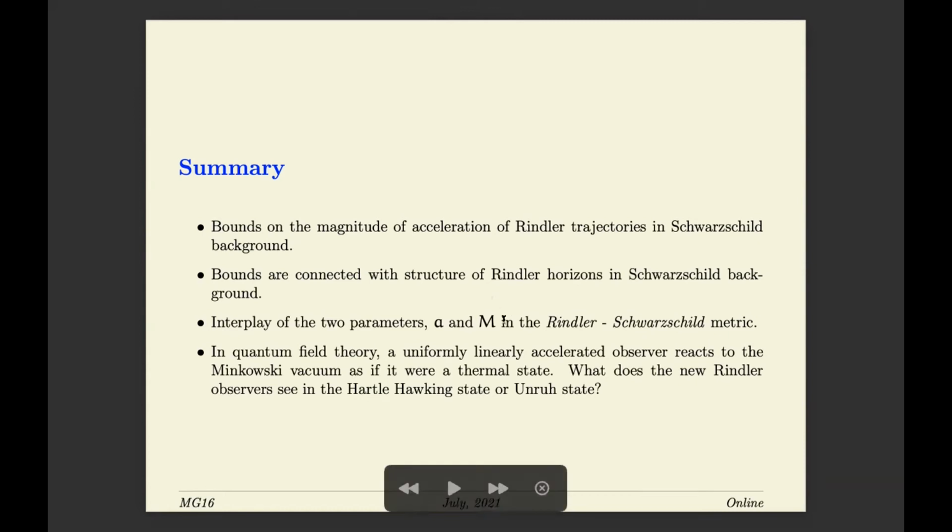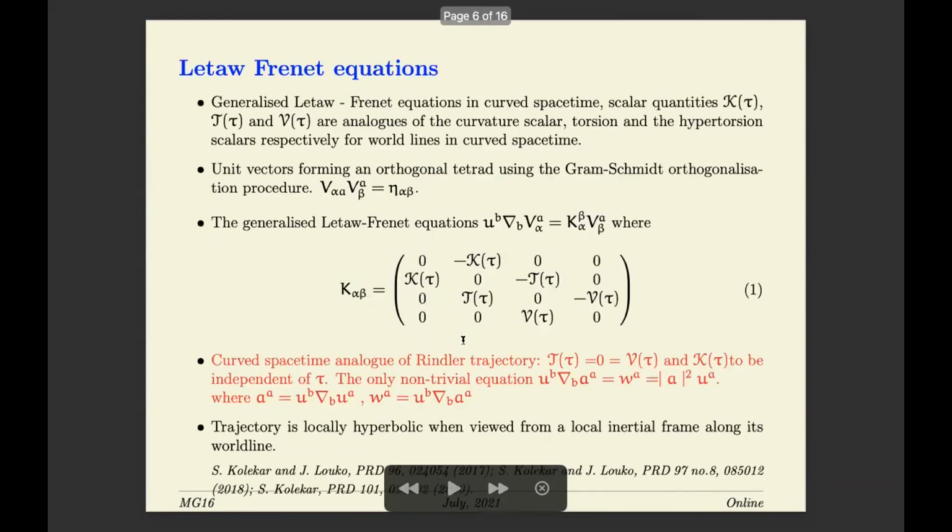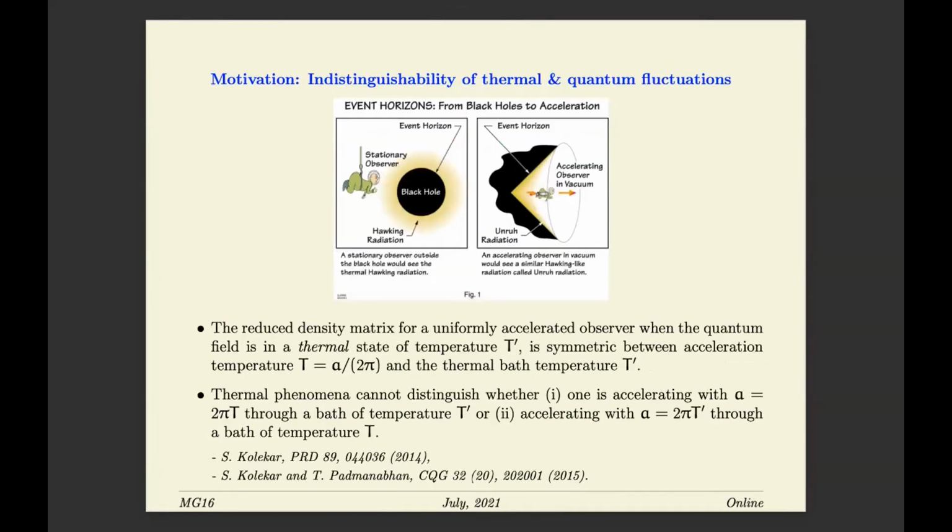No question, Sandeep. A very conceptual question regarding what you mentioned at the very beginning. We don't see any differences between quantum fluctuations and thermal fluctuations.